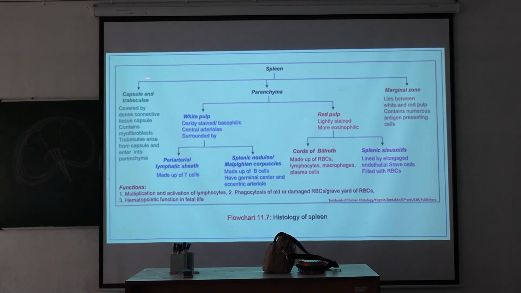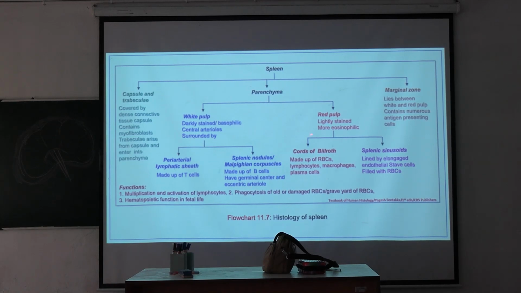Identification features. See the capsule and trabeculae, the parenchyma, white pulp and red pulp. White pulp: darkly stained, basophilic, central arteriole surrounded by periarterial lymphatic sheath made up of T cells; splenic nodules, Malpighian corpuscles, made of B cells, have germinal center and central arteriole.